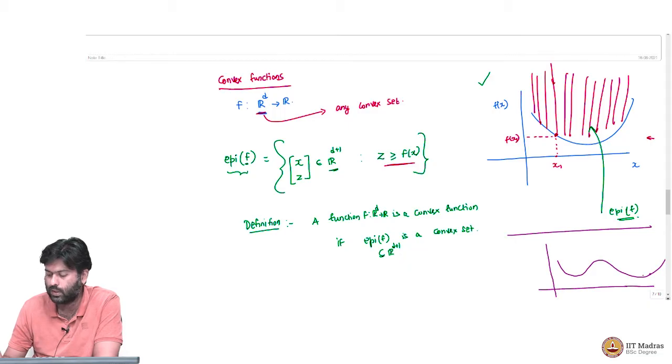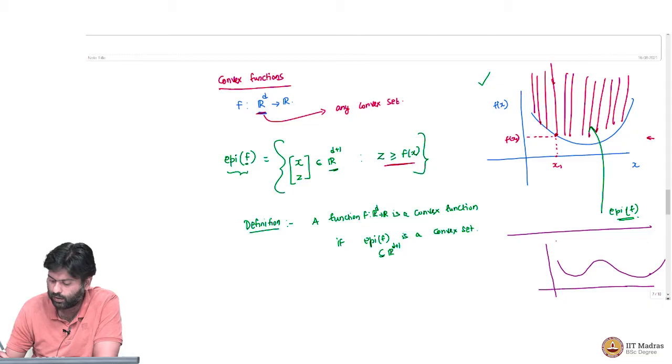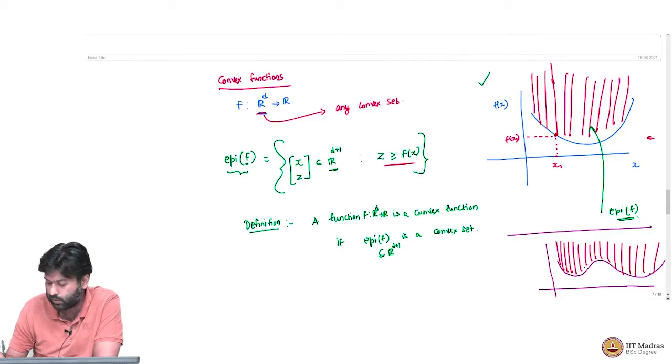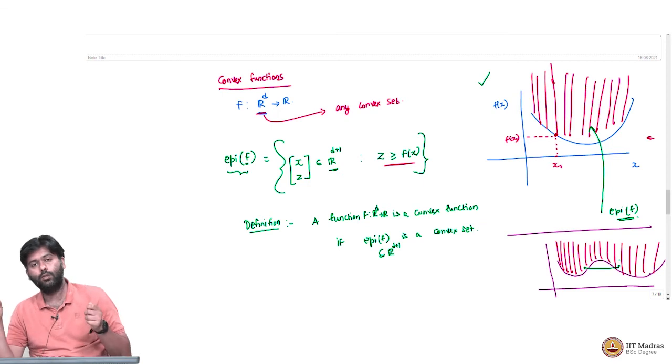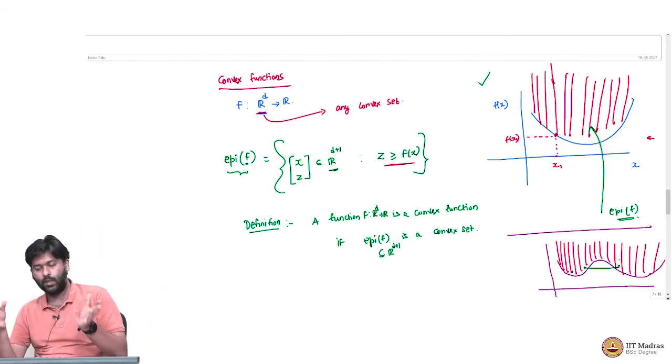So, now is this a convex function? Well, not really, because now the epigraph is going to be all these points. Now, the epigraph set is not a convex set, because now I can take 2 points in the epigraph set associated with f, and the line joining those 2 points, as now you have to think of this as in R2, right.